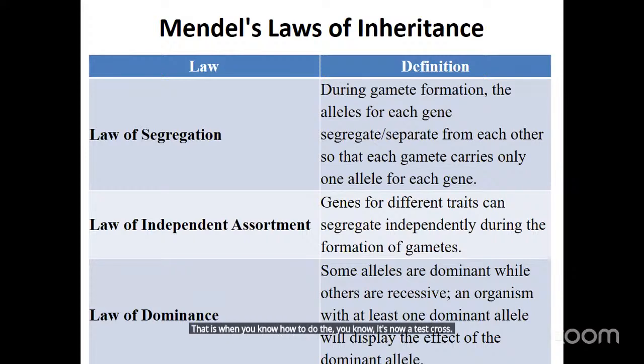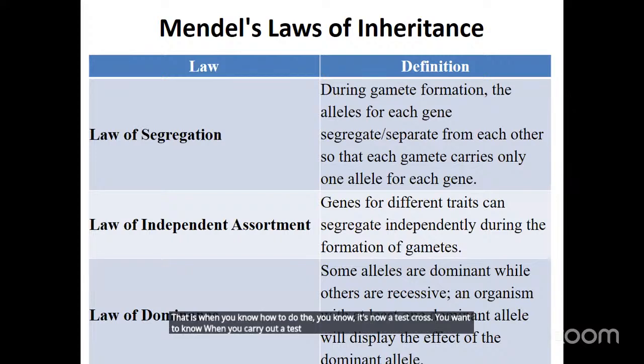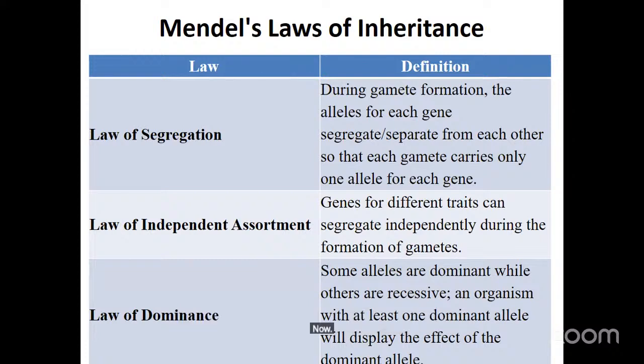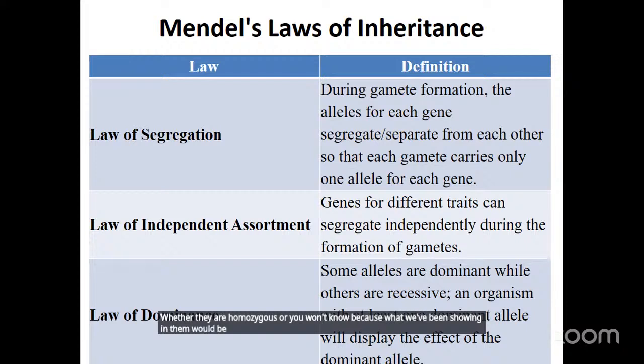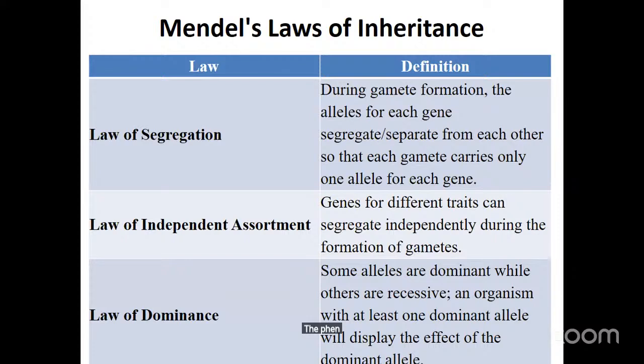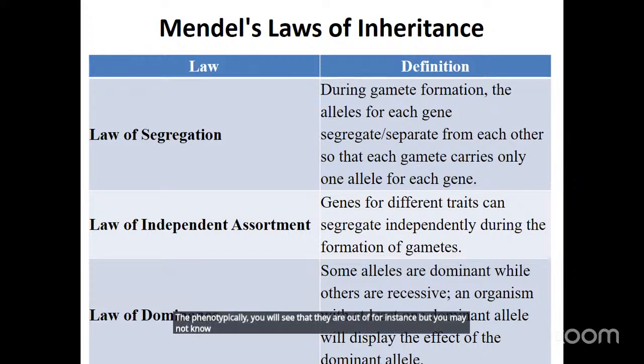When you carry out a test cross, you will get observations that will inform your decision, that having done this with this, I got this, therefore this is that. So you will be able to tell the zygosity of the F1, whether they are homozygous or heterozygous. Phenotypically, you will see that they are all tall, but you may not know whether that tallness is homozygous or heterozygous.